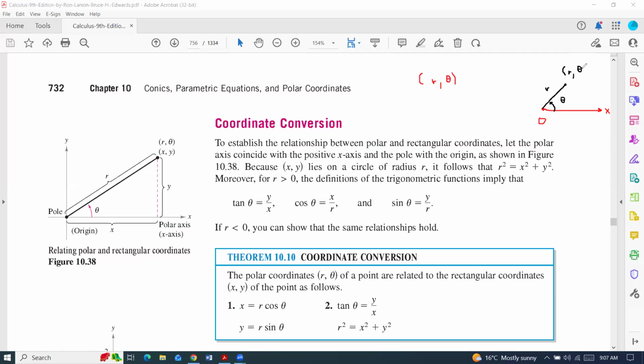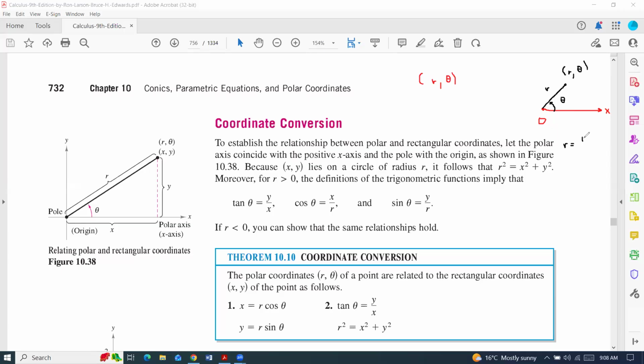And it overlaps. Compared to the xy plane, it's a little different. Let me just give an example.